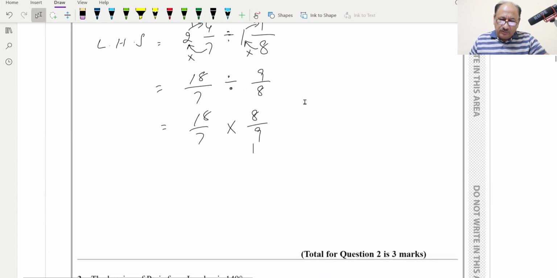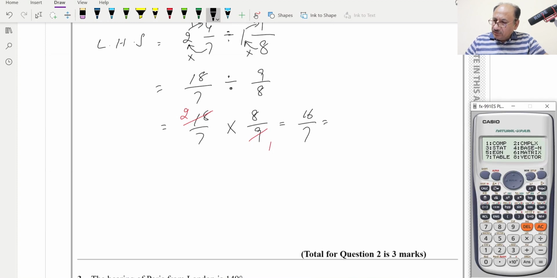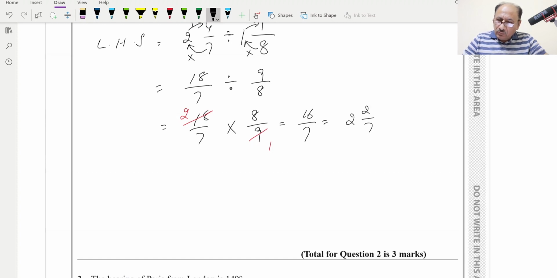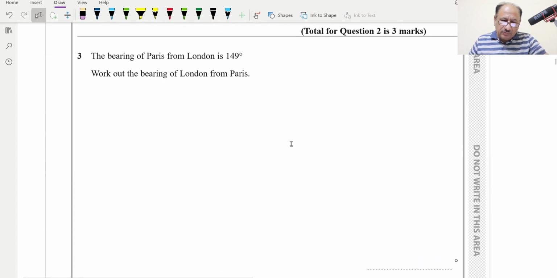And now further we can make cancellations, and this will be 9 ones are 9, 9 twos are 18, and 8 twos are 16. 16 divided by 7 will be equal to this one, which we can change into a mixed fraction, 2 whole 2 over 7. This will be our requirement. So left hand side is equal to right hand side. This is what we have proved. This is also a 3 mark question.